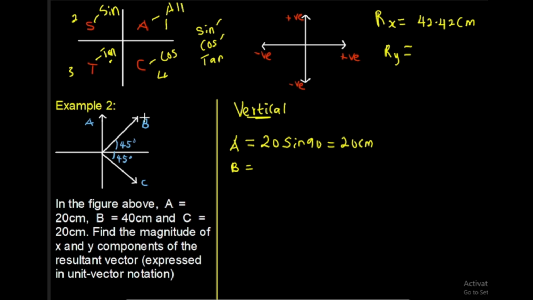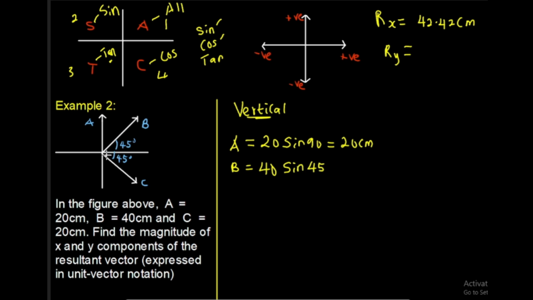Now go to the next one, vector B. What's the magnitude of vector B? The same principle, all right? Vector B, what's the magnitude? We have 40. We're resolving vertically, so we have sine. Now, what's the angle vector B makes with the horizontal? We have 45 degrees. Don't forget, in this method, whether you're resolving vertically or horizontally, we use the angle with the horizontal. All right? So we have 40 sine 45 degrees.